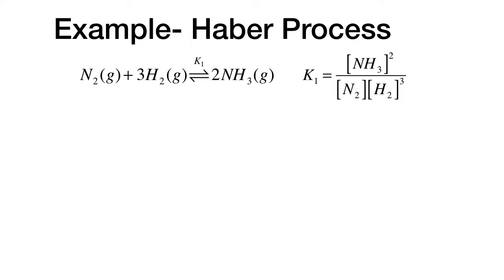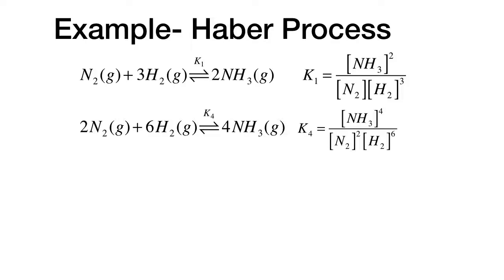We could just as easily have written the equilibrium equation multiplied by 2. Then the equilibrium equation would be 2 moles of nitrogen reacts with 6 moles of hydrogen to produce 4 moles of ammonia. The resulting equilibrium expression would be K4 is equal to the concentration of ammonia to the 4th power divided by the concentration of nitrogen to the 2nd power times the concentration of hydrogen to the 6th power.